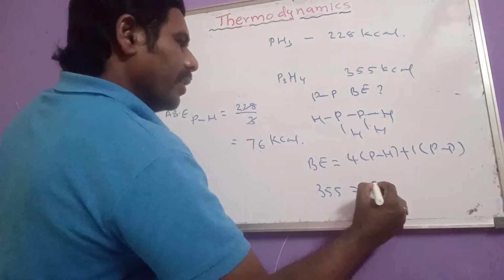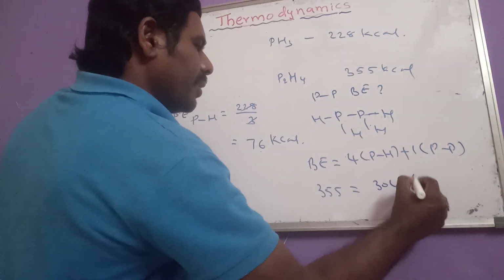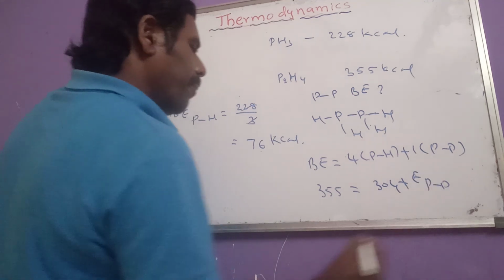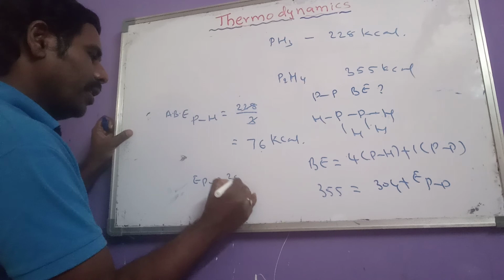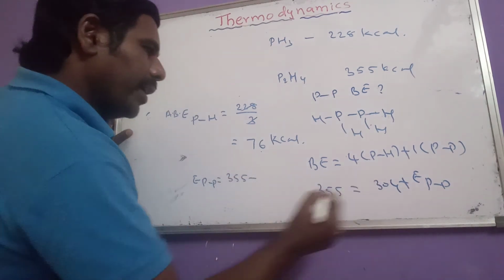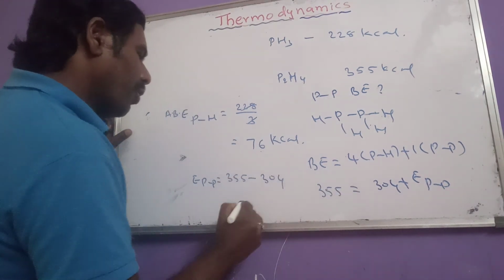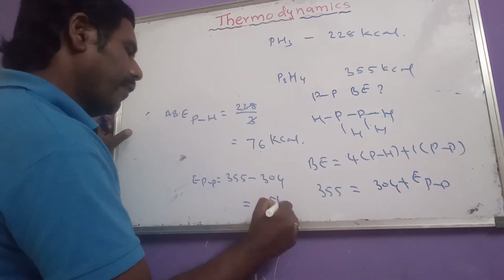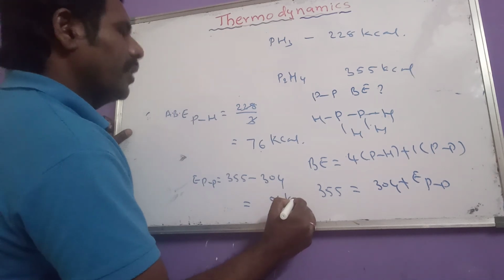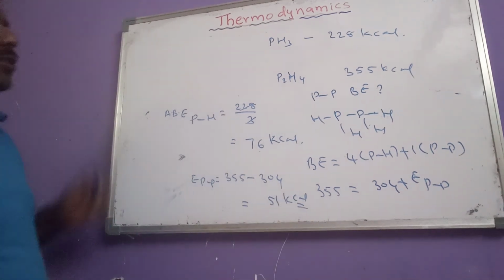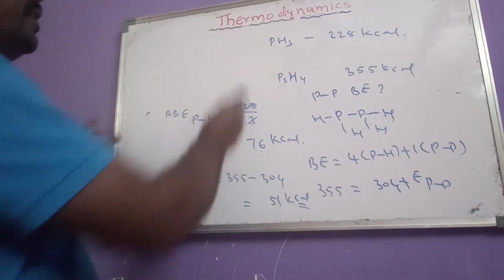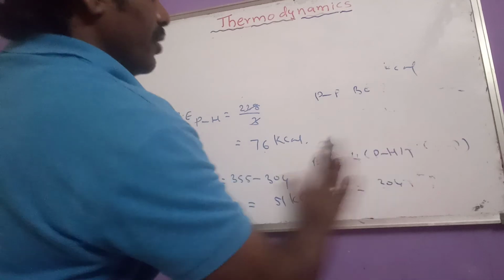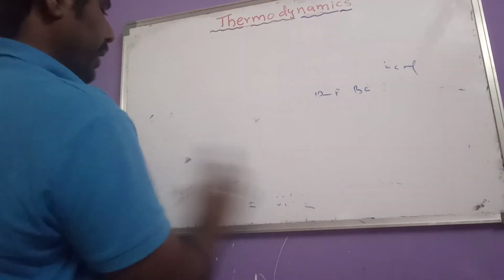So 304 plus the energy of the P-P bond. Therefore the energy of the P-P bond equals 355 minus 304, which gives 51 kilocalories. Like this we calculate the P-P bond energy.